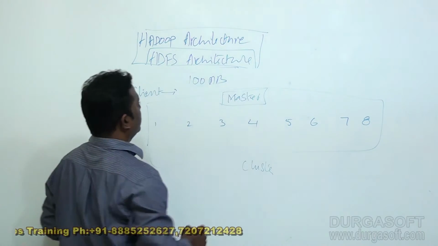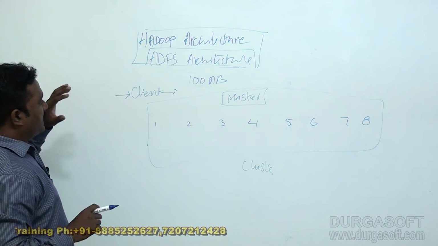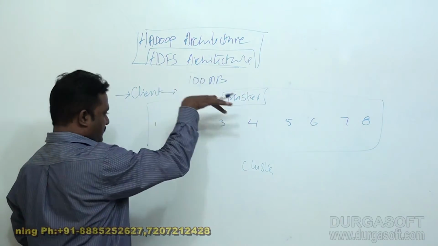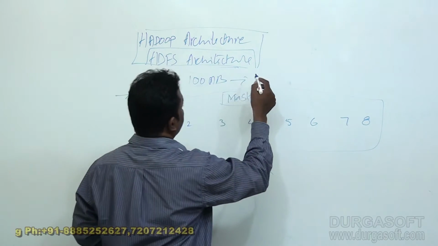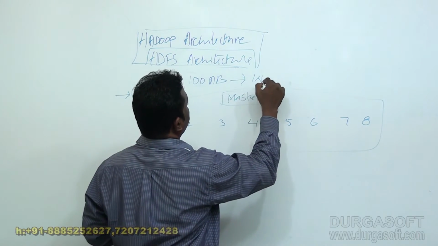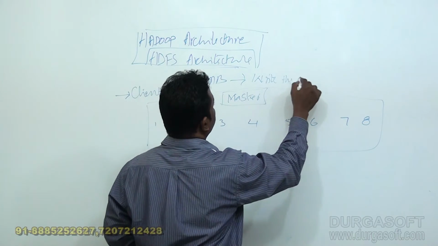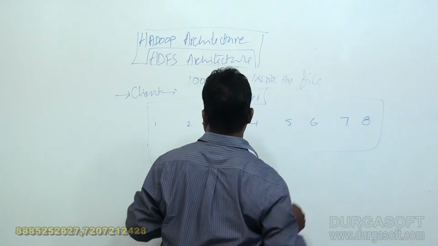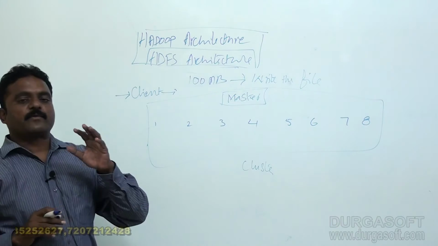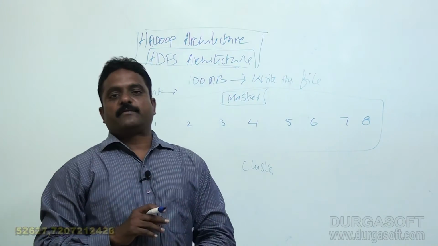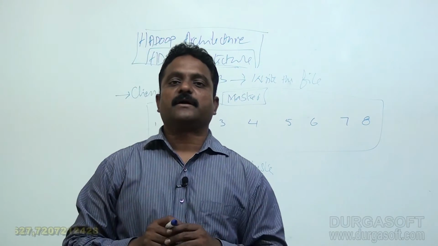Now I wanted to store the file, I want to write the file onto the cluster. Whenever I want to write the file, the client would communicate with the name node.